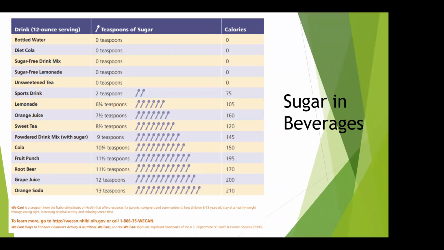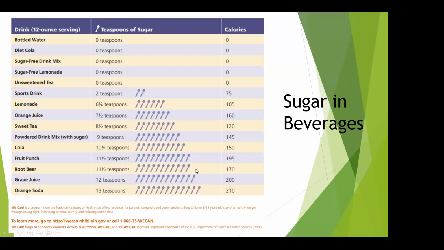Whereas as we go down the list, we see drinks like sports drinks have some sugar, and there are so many different sports drinks out there that you would really have to look at that nutrition facts label, because I'm sure there are some that are going to have more sugar than this. Lemonade, sweet tea, which I know most of us here in the South love. I know I do. But they're still providing a lot of sugar.